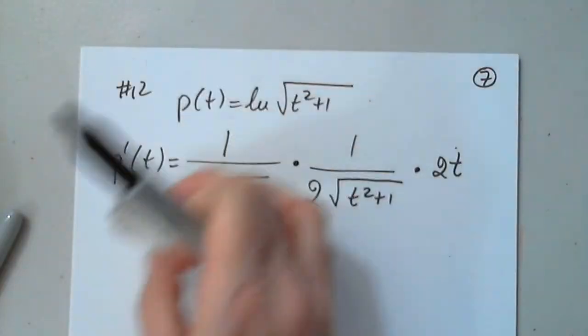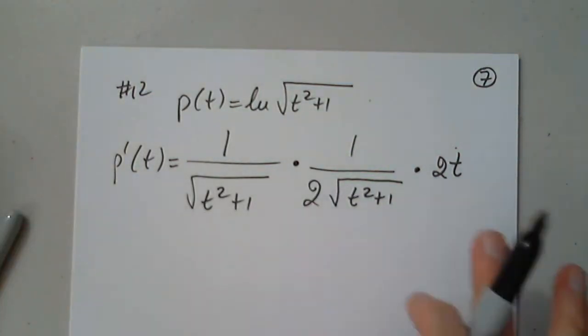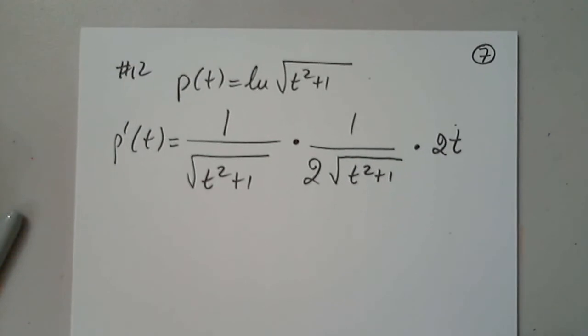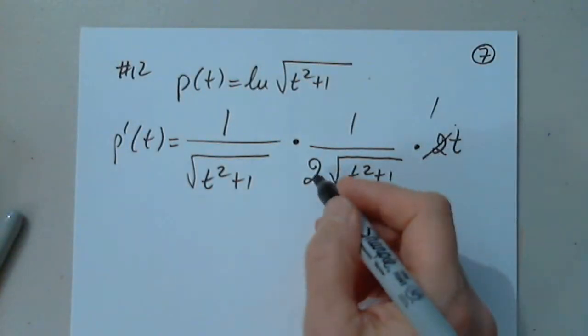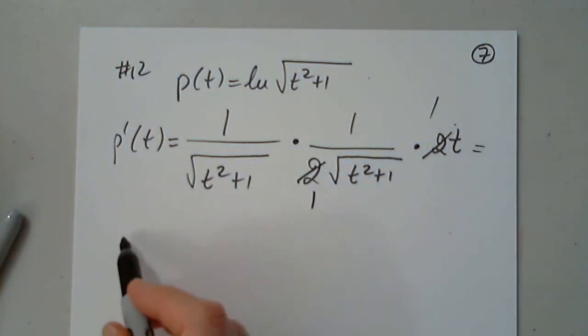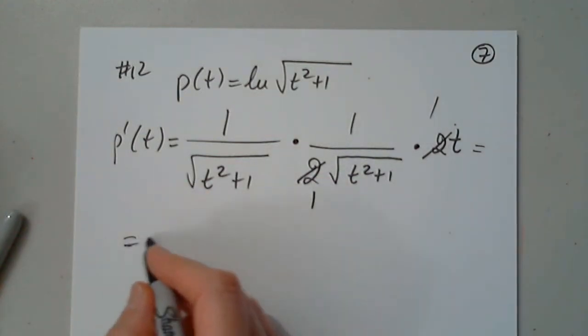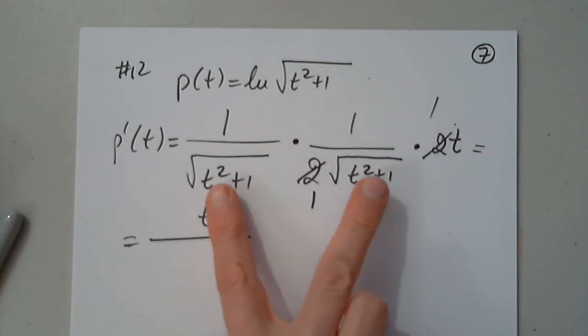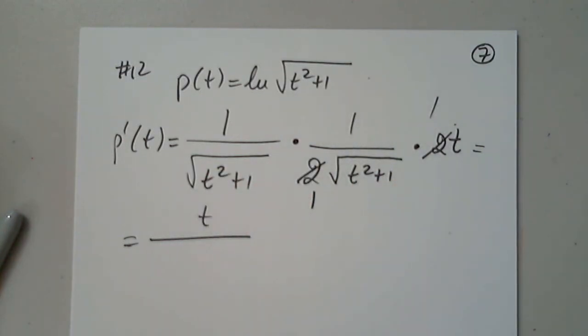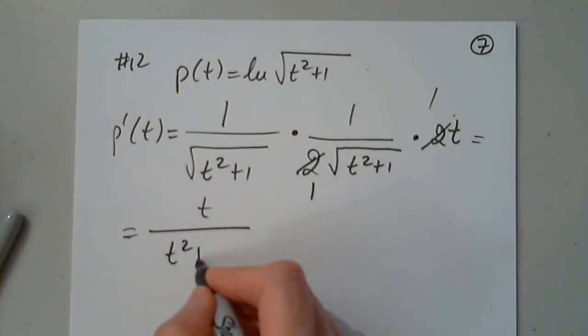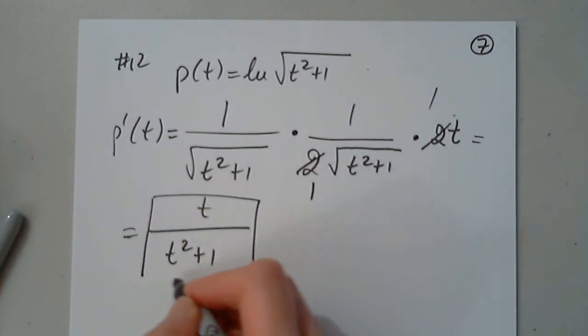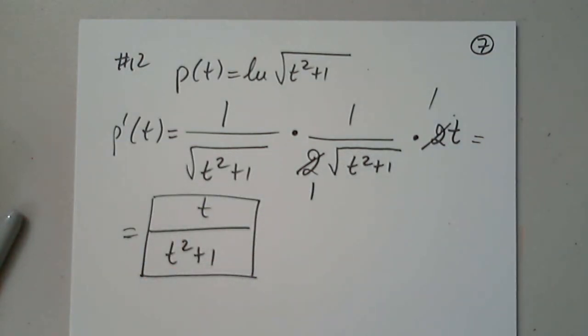And this is done. It's not simplified, but the differentiation process has ended. Of course, these are factors. When I multiply these two, what do I get? T squared plus 1. And this is it. And that's final. Indeed.